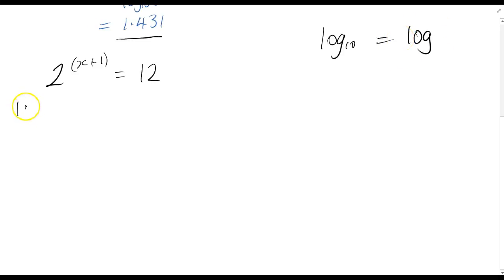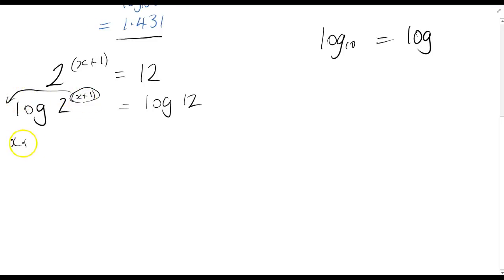So let's take the log of both sides. So it'll be log of 2 to the power of x plus 1, and then same on the other side, log of 12. Okay, I have a very similar thing happening here with the power, so I can grab this power and take it out the front using that log rule.